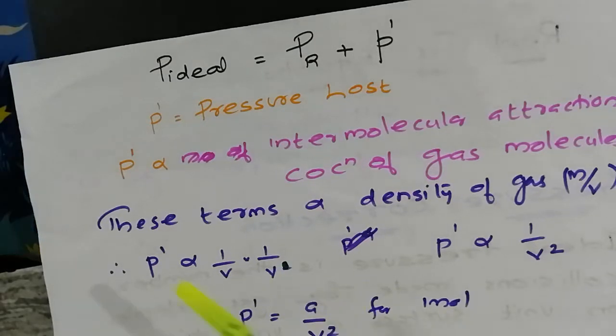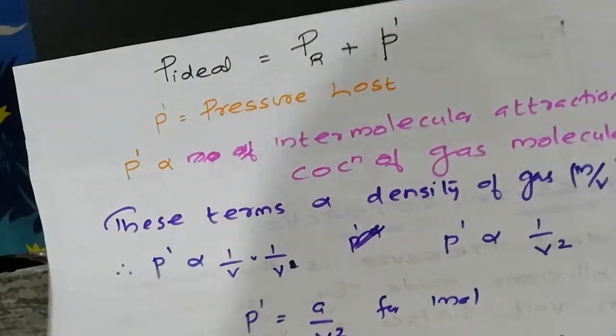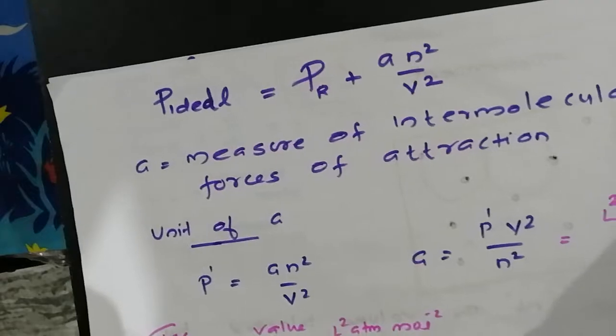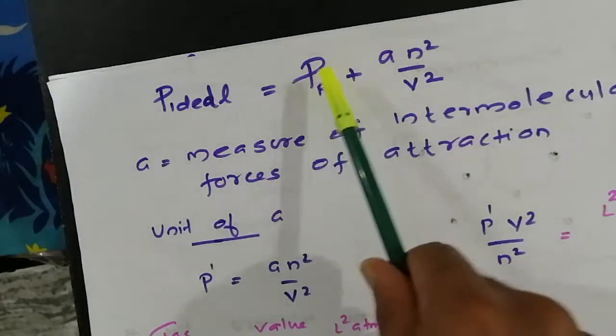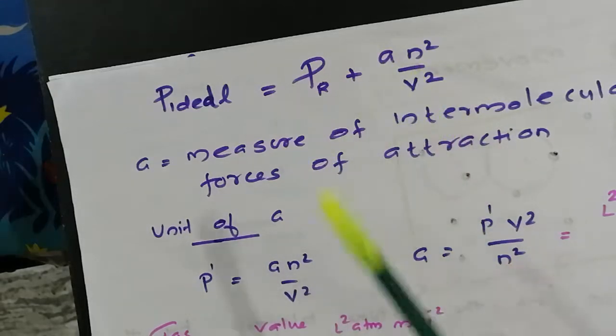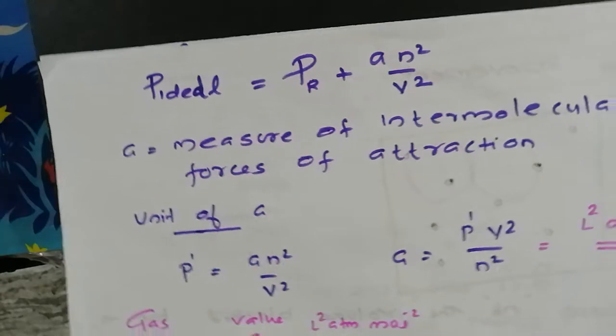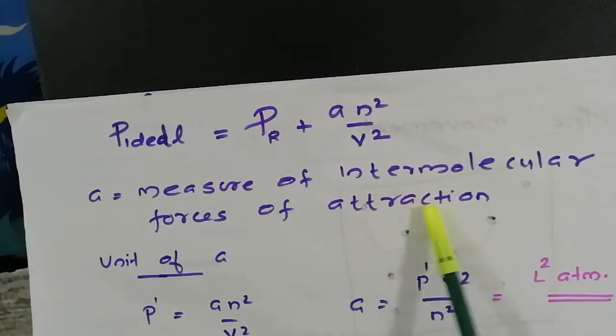Because in the case of n moles, P dash is directly proportional to n by V, and the other 1 by V will also become n by V, because when the number of moles increases, these two factors also increase. Therefore, P ideal is equal to P real plus P lost, where P lost is a n square by V square. What is a? a is the measure of intermolecular forces of attraction.